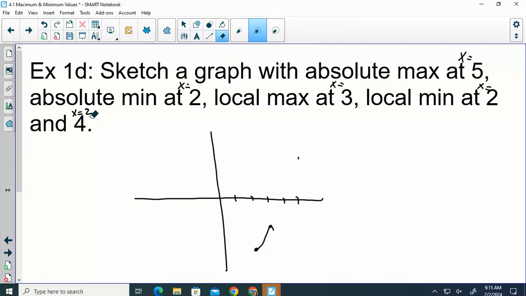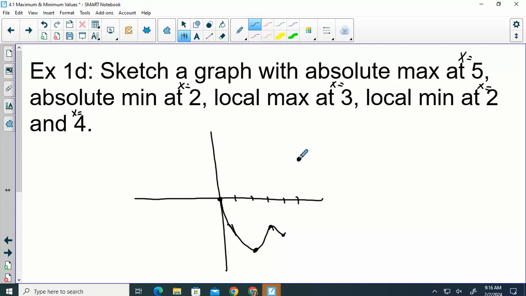If 2 is also a local min, what does that mean? It's not an endpoint. So I have to have something to the left. So maybe my graph is just coming in like this. You could even give it a starting point. Maybe it just starts at 0, 0. Okay, if 4 is a local min, that means my graph has to come back down, kind of peak there, and then we're going to go back up.